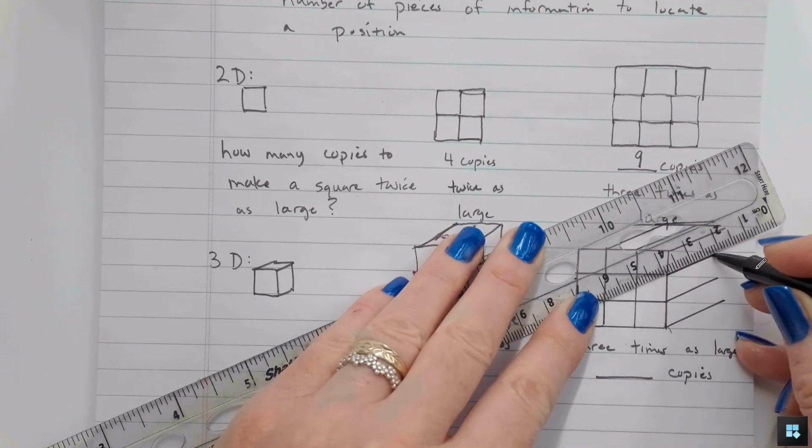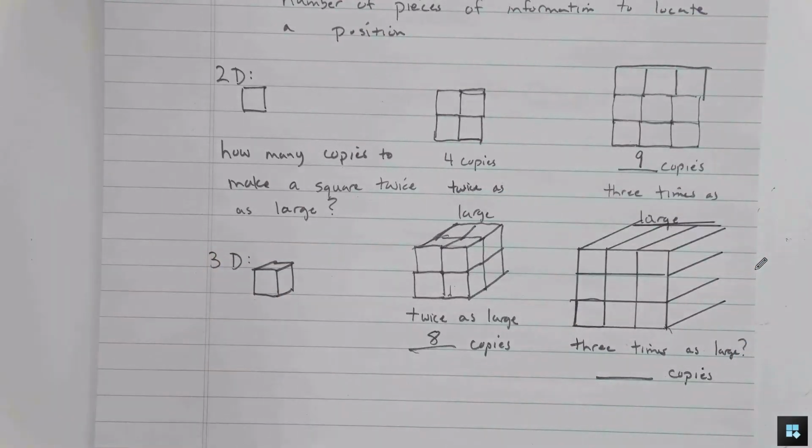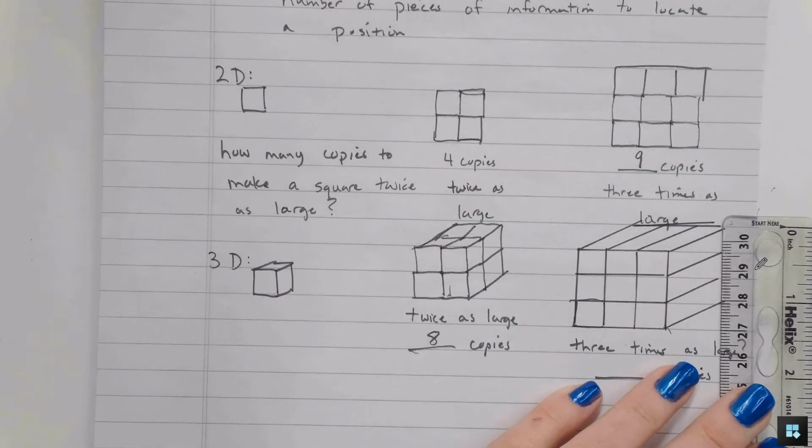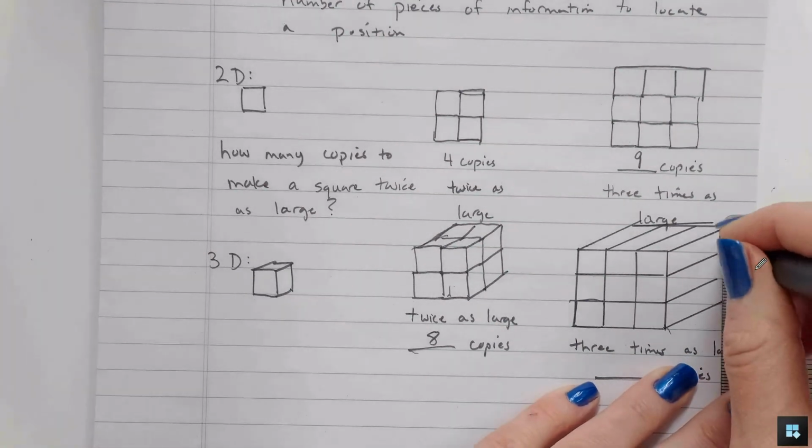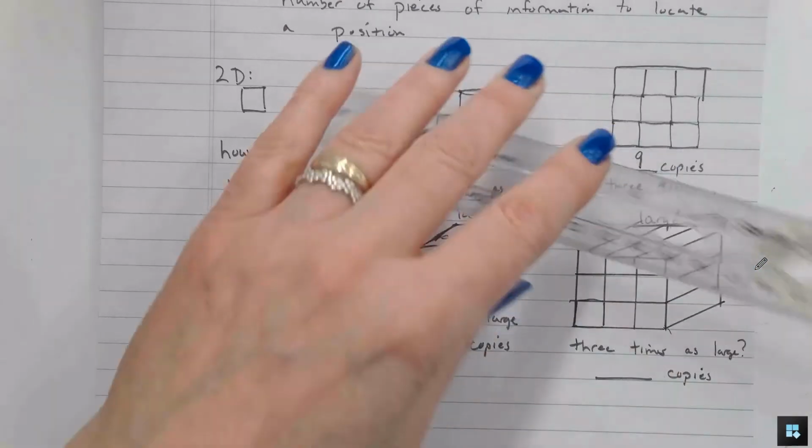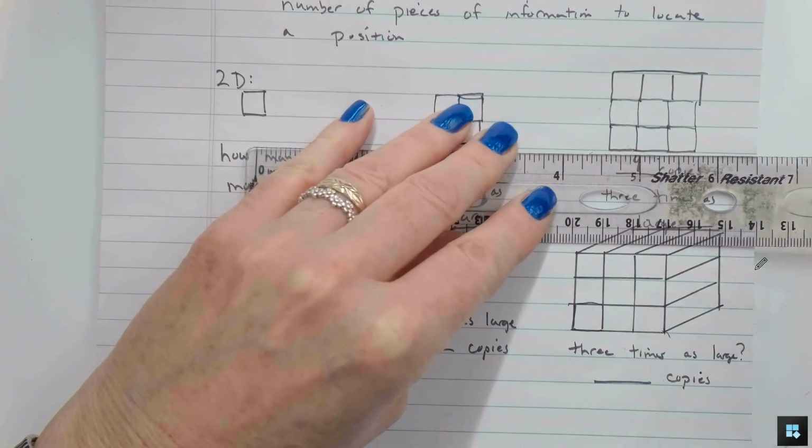Okay, so I need to be 3 times as thick also, so I'm going to stack 3 layers of these cubes.